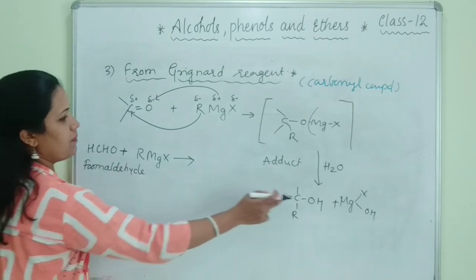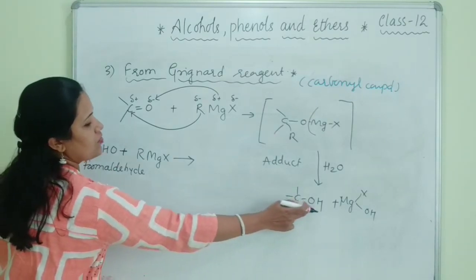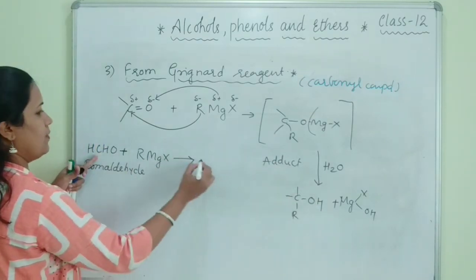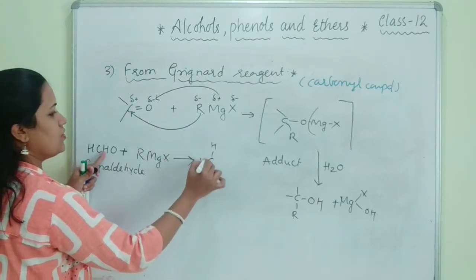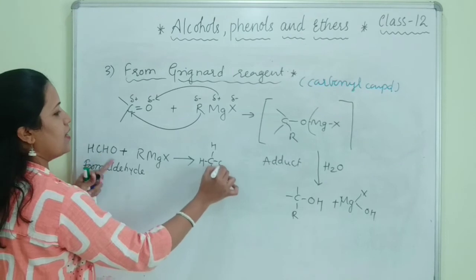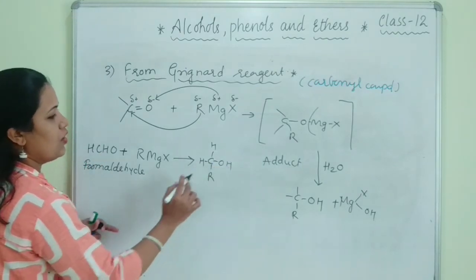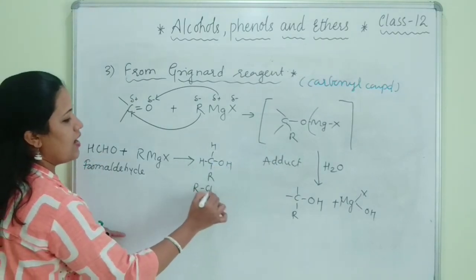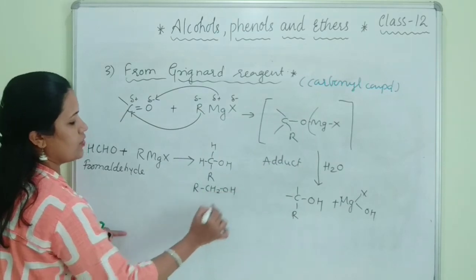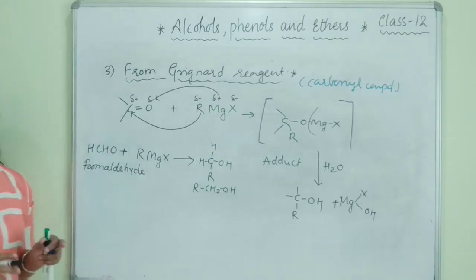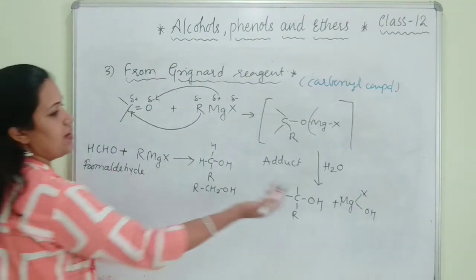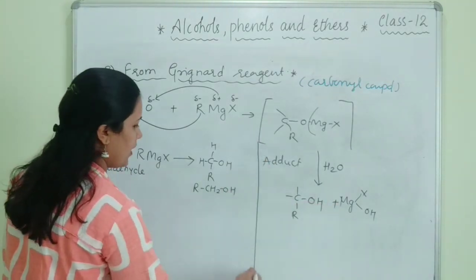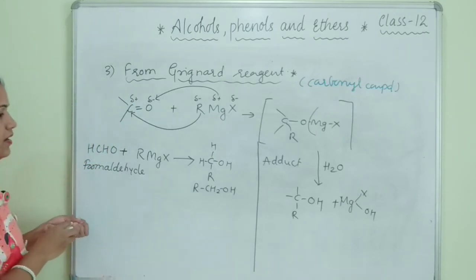Simply we write, in place of carbonyl oxygen we write H. One H is already there, then R, and it becomes OH. So I got the answer as RCH2OH. Okay, got it? So in this way we can write its product, and the final product we know. This is for formaldehyde.